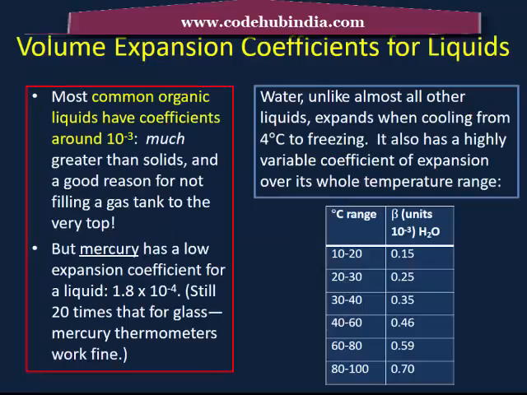Now the volume expansion coefficient of a liquid. So far we were concerned with solids, now we have arrived at liquids, because you see the thermometer uses mercury, which has a low expansion coefficient as a liquid.